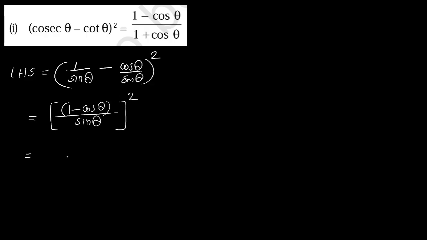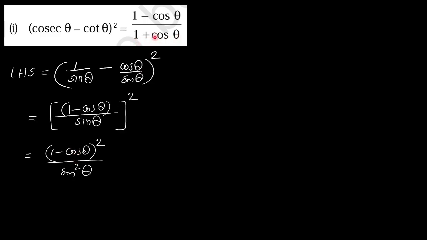Can I write like that? But it is not RHS. RHS is 1 minus cos by 1 plus cos. Right now this is not RHS. So we have to use some other property.